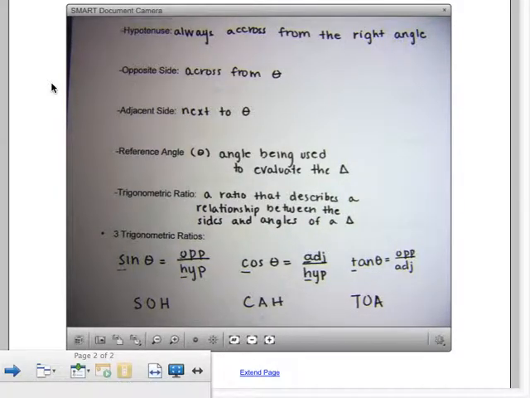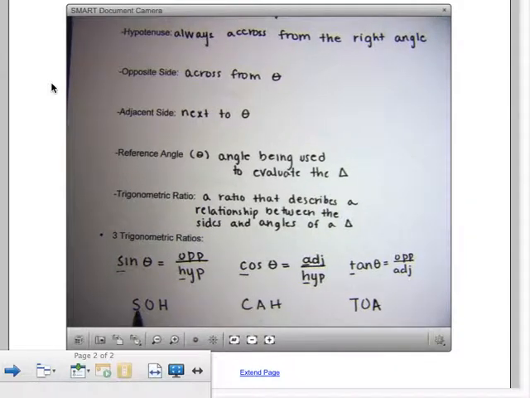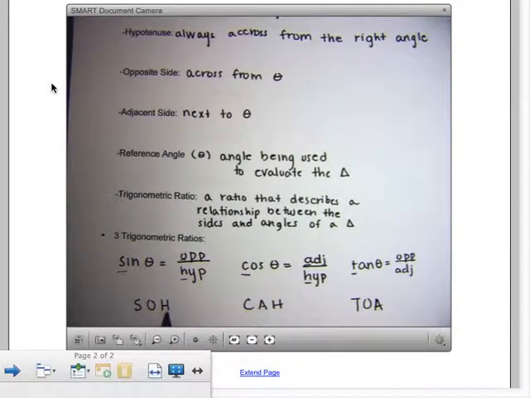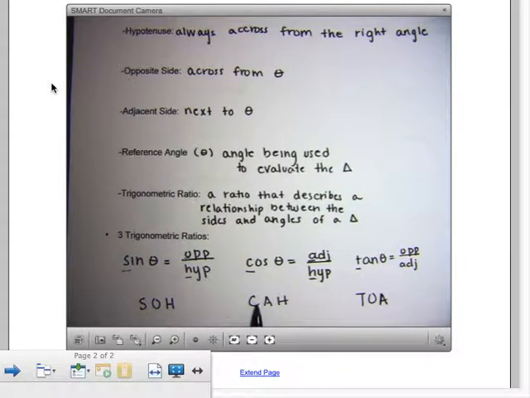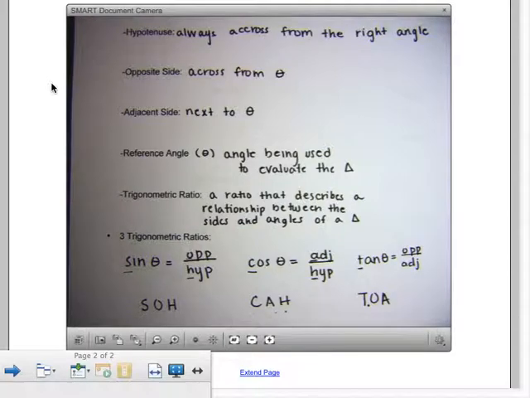Okay? And those are just the first letters of each one. So I have sine is opposite over hypotenuse. Cosine is adjacent over hypotenuse. And then TOA, tangent, is opposite over adjacent.